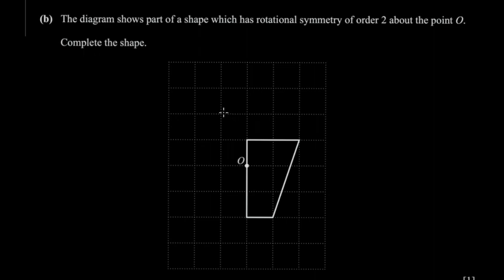Okay, so this edge will be here, such that when you rotate this shape in this direction, then this edge here will come to this part. Okay, let me actually see if I can do that rotation.